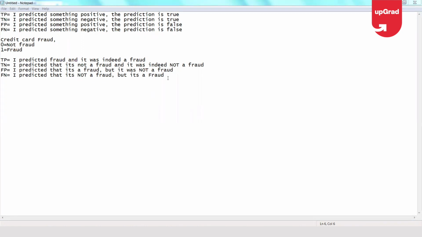Now, what we shall do is a quick recap of whatever we have learned so far in this session. We have learned about null and alternate hypothesis. We have learned about confidence interval.